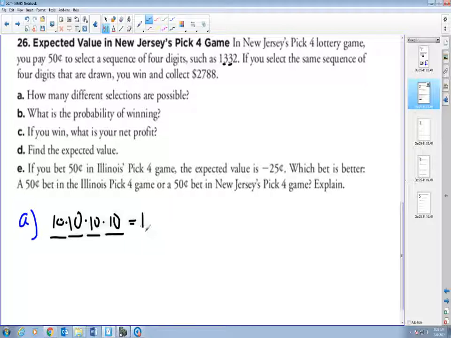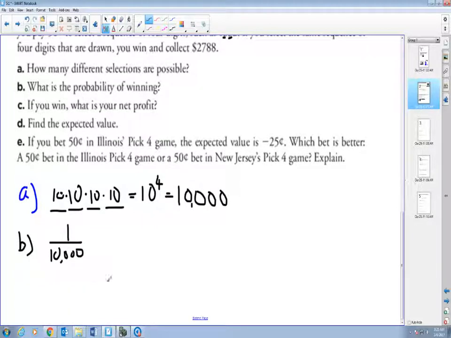So that will be 10 to the 4th power, which is 1 with 4 zeros. So I have 10,000 different selections possible. What's my probability of winning? My winning sequence can only be 1 out of those 10,000 ways I can select.